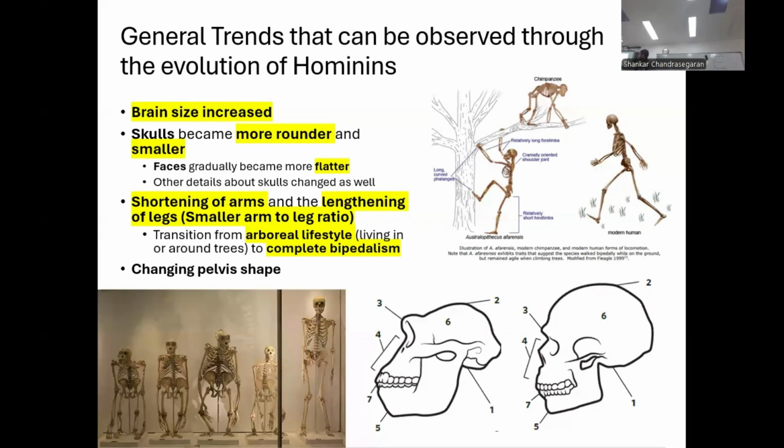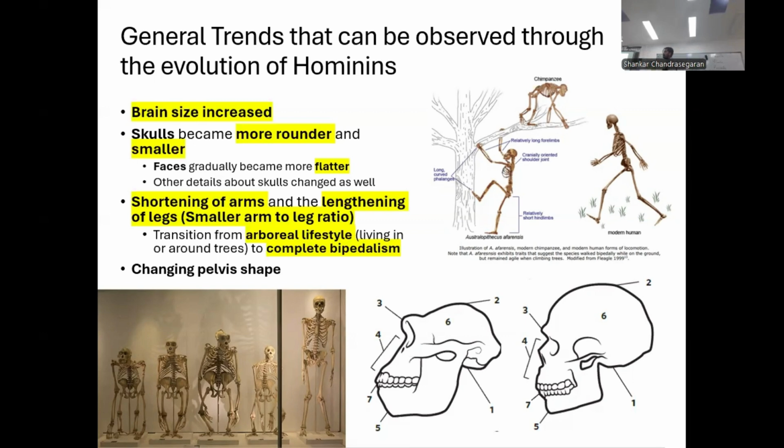Another thing that occurred is also the fact that the early Australopithecus genus was still arboreal. What does that mean? It means that they were still living around or on trees, right? They didn't completely evolve to have bipedalism yet, and they were still living on trees or around trees, while also still having the ability to be bipedal, right?